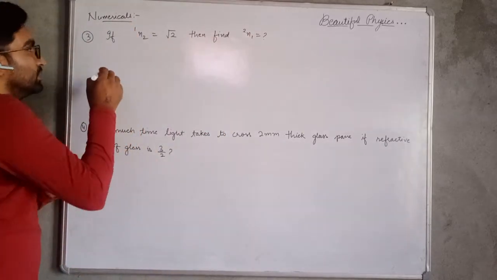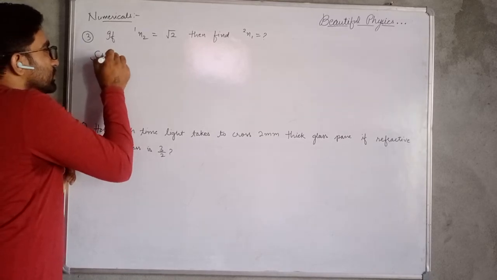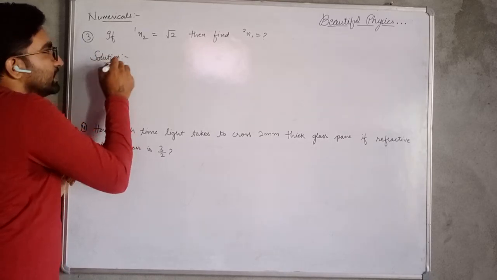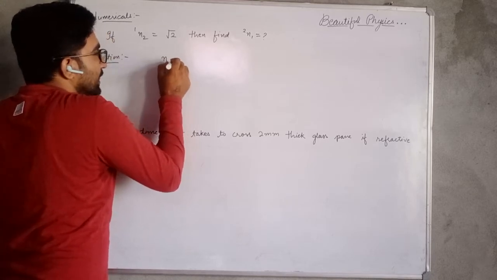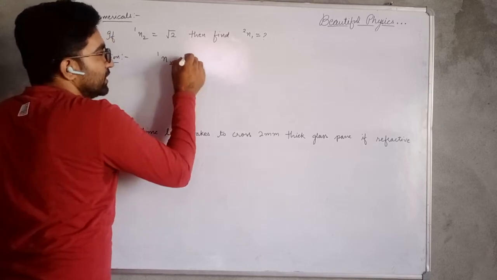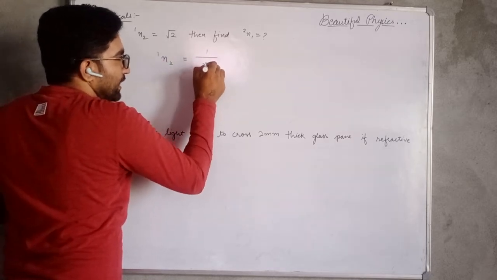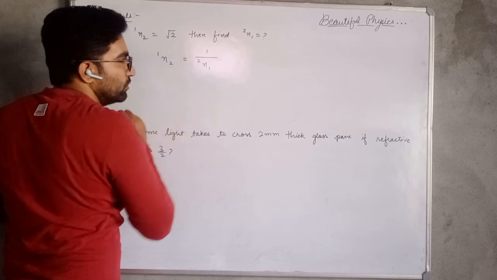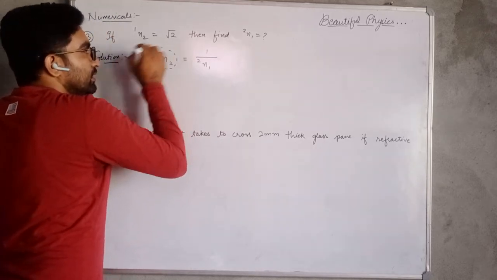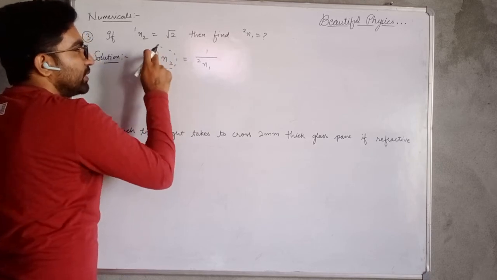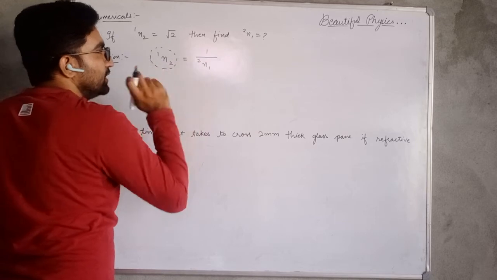From this question we will use the relation that the refractive index of the second medium with respect to the first medium is equal to 1 by the refractive index of the first medium with respect to the second medium. Here it is given that the refractive index of the second medium with respect to the first medium, and we have to find the refractive index of the first medium with respect to the second medium.